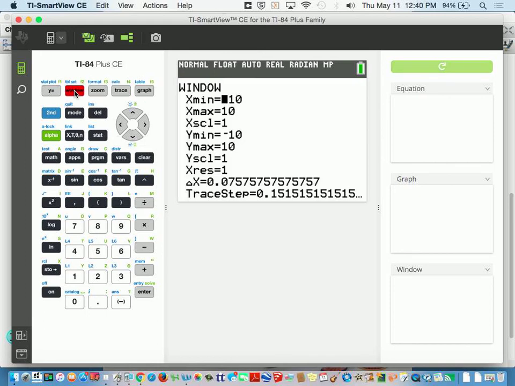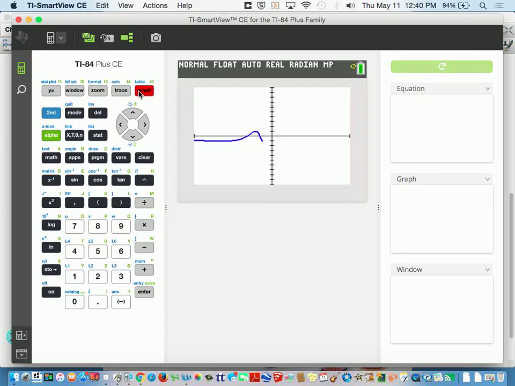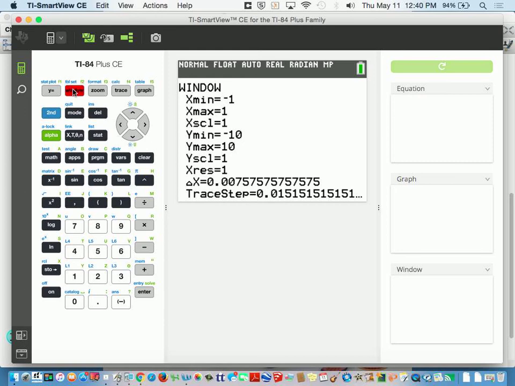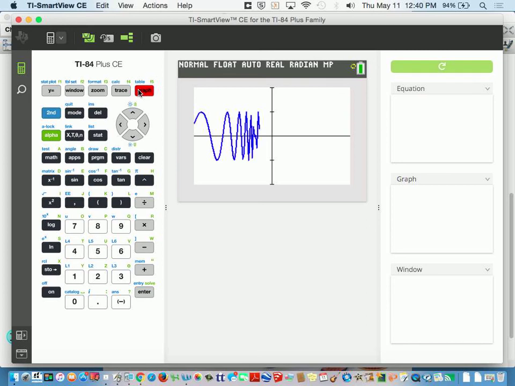And if I zoom in a little bit, whoa! So you kind of think that as we get closer and closer, so I could go negative 0.1 to 0.1, and if we zoom in here, maybe like negative 2 to 2. It's like a heartbeat. Even though I'm zooming in more and more, it's actually getting worse, right?